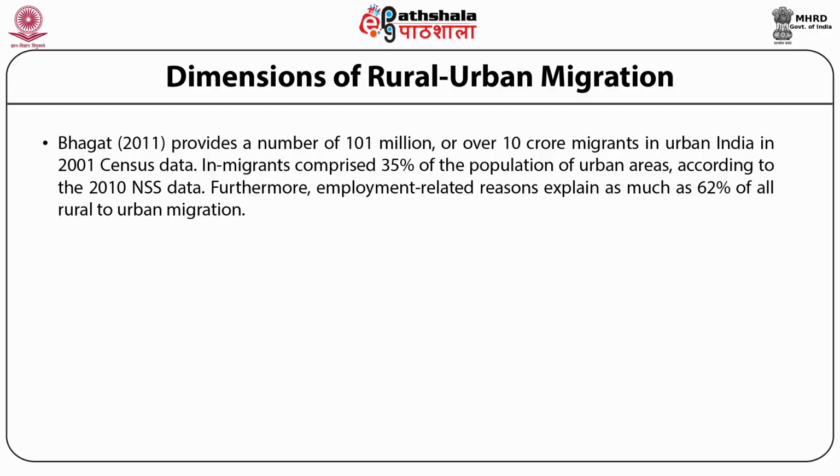Mohanty and Bhagat also analyzed migration data over the period between 1971 to 2001 and found that the growth rate of interstate migrants of 0 to 9 years duration in 1991-2001 was a whopping 66.5%.